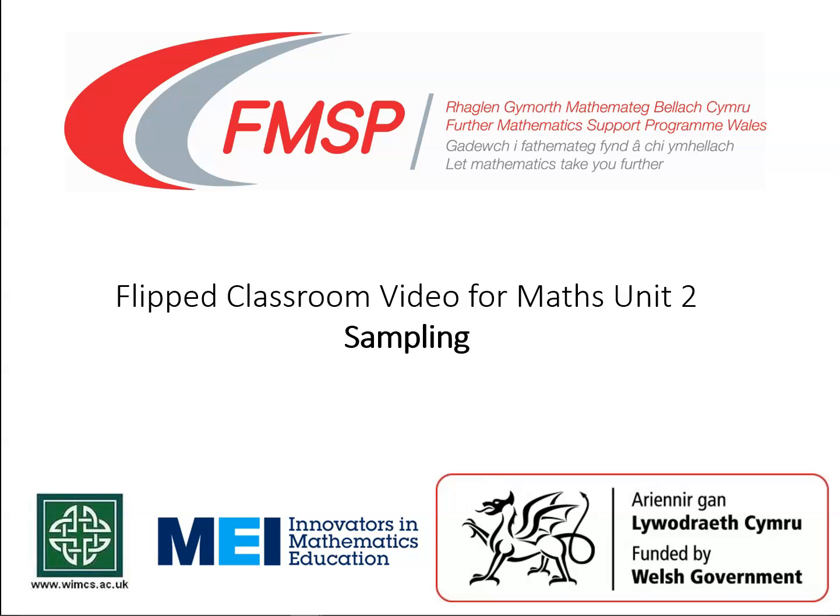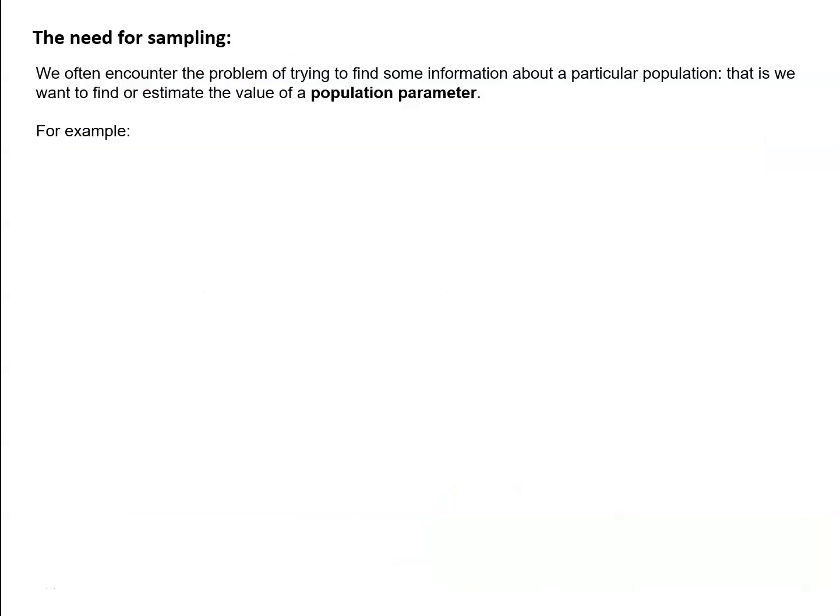In this video we're going to look at some of the different ways that can be used to obtain a sample from a population. Now we often encounter the problem of trying to find some information about a particular population. That is, we want to estimate the value of a population parameter like the mean or the median or the maximum value in the population and so on.